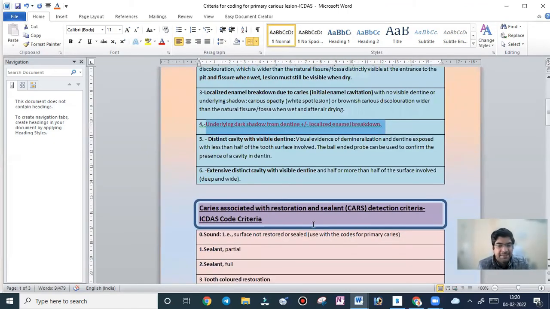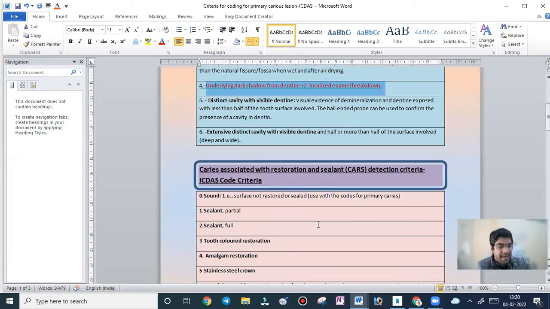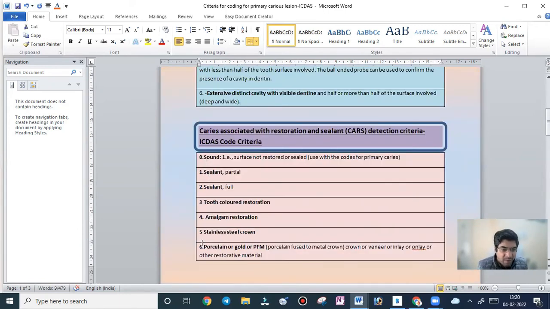Similarly, for caries that is associated with the restoration and sealant, the score is 0, 1, 2, 3, 4, 5, 6. The 0 score is sound, that is, surfaces that are not restored or sealed. So remember this table from your exam point of view.